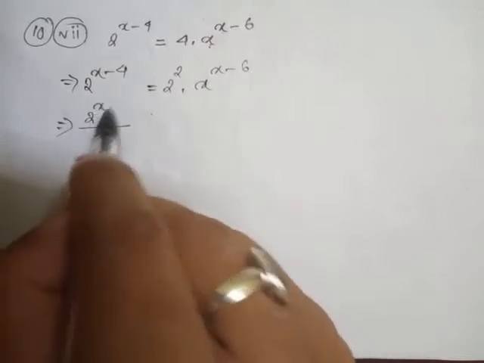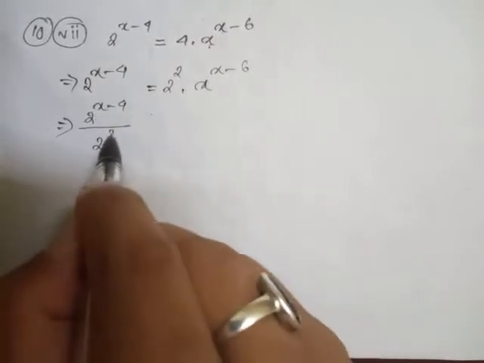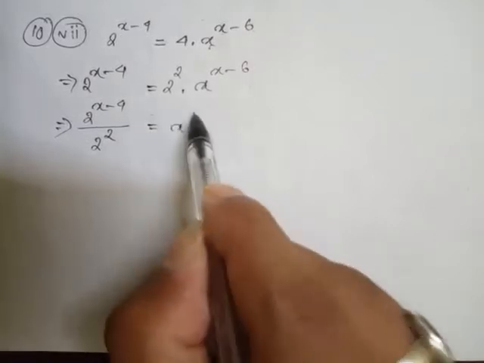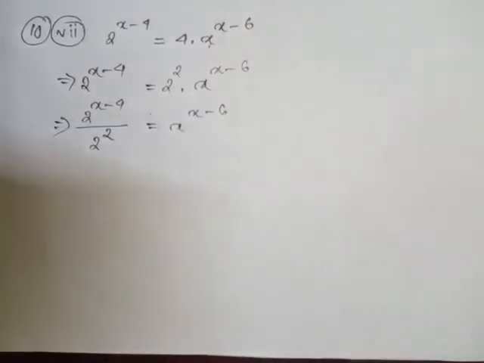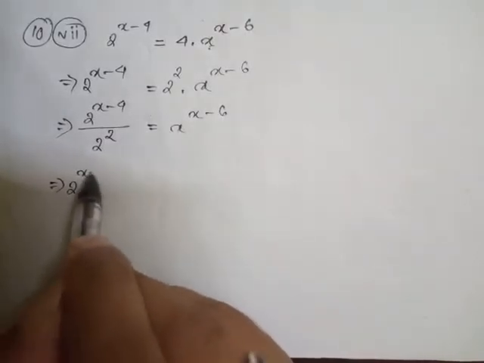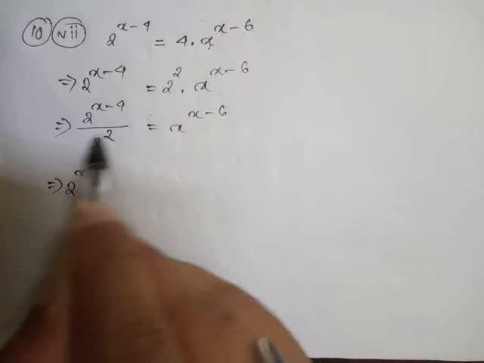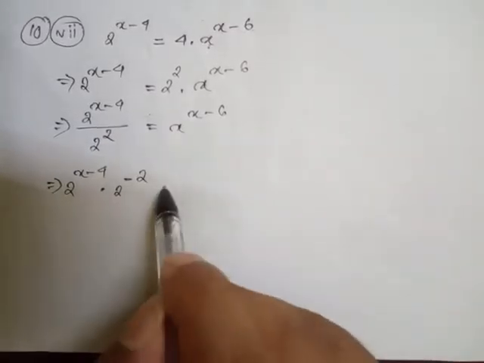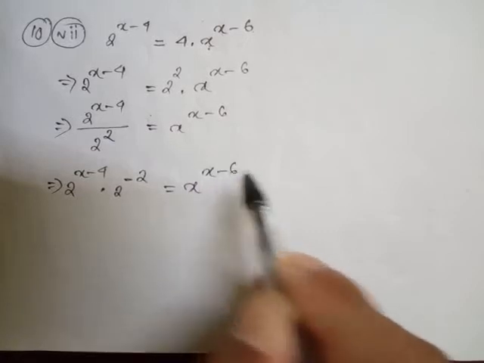So 2 to the power x minus 4 divided by 2 square equals x to the power x minus 6. This can be written as 2 to the power x minus 4 into 2 to the power minus 2, and x to the power x minus 6 will be here.